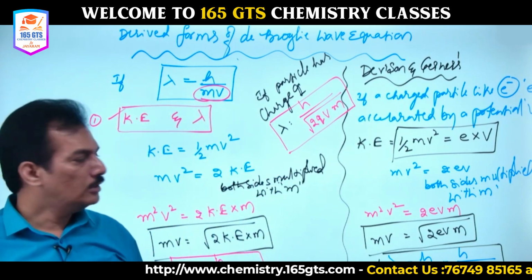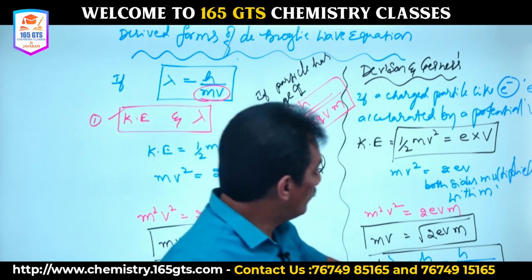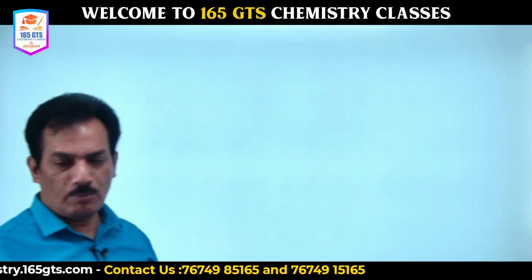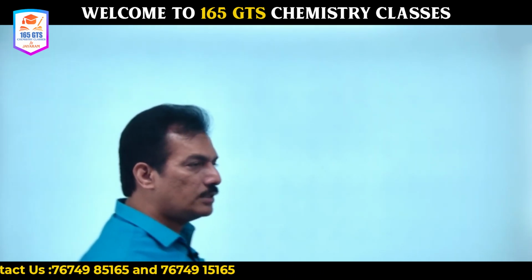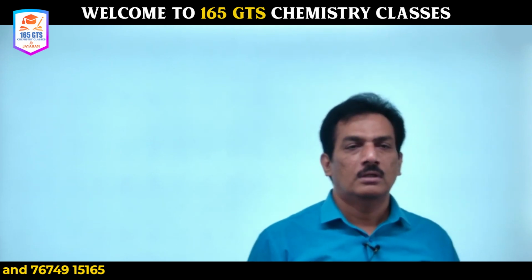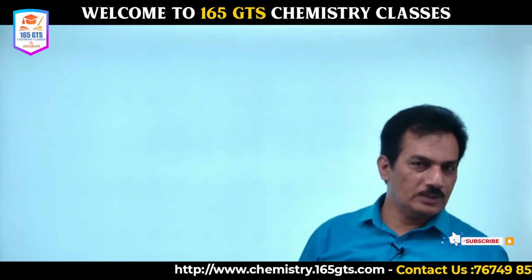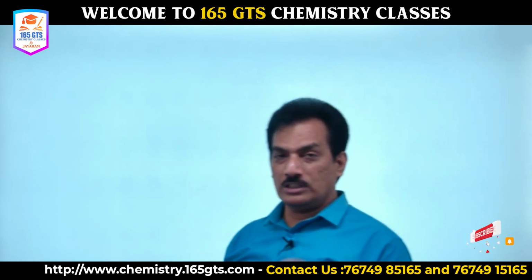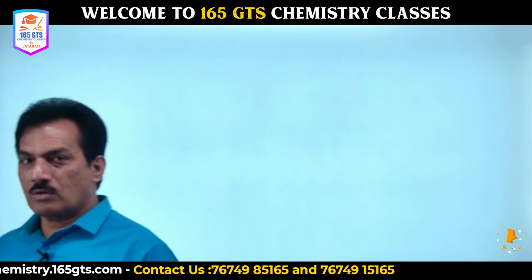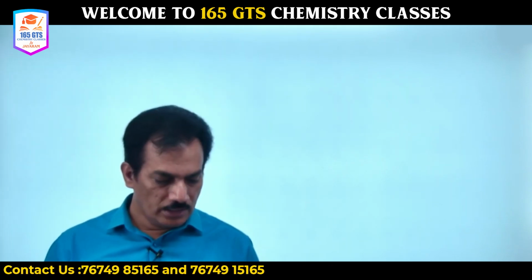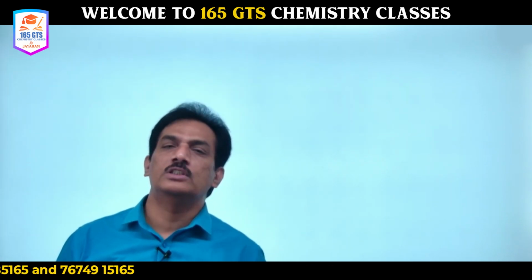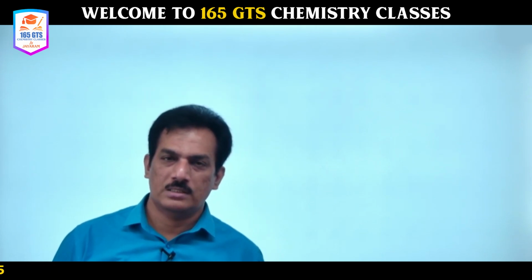Are you clear? Now, after deriving this, for charged particles, very familiar in atomic structure, are the electron, proton, and alpha particle. Initially, in the beginning of atomic structure, we studied the specific charges for proton, electron, and alpha particle, because it has 2 units of charge and 4 units of mass.